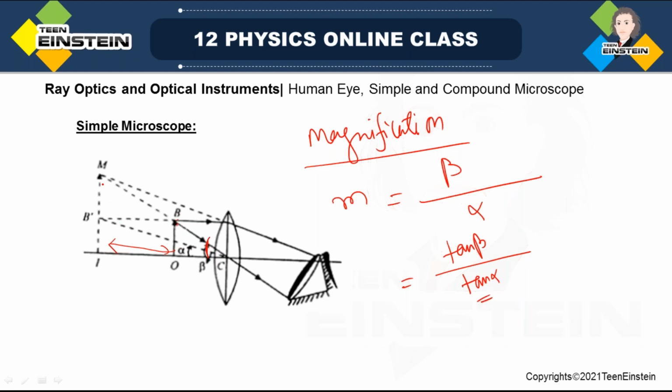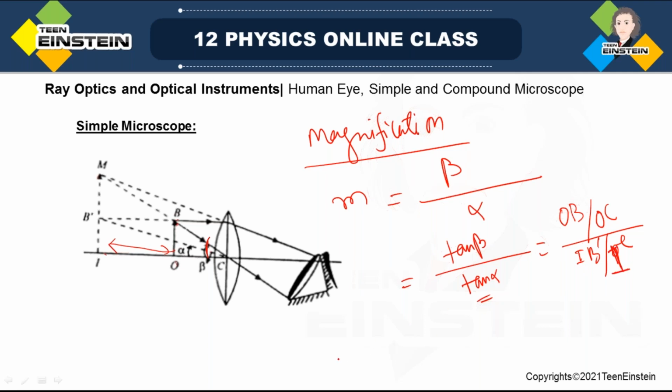Now tan beta, from triangle OBC, is OB by the base OC, and tan alpha is similarly IB prime over IC. Sorry, that is not OC, this is IC.